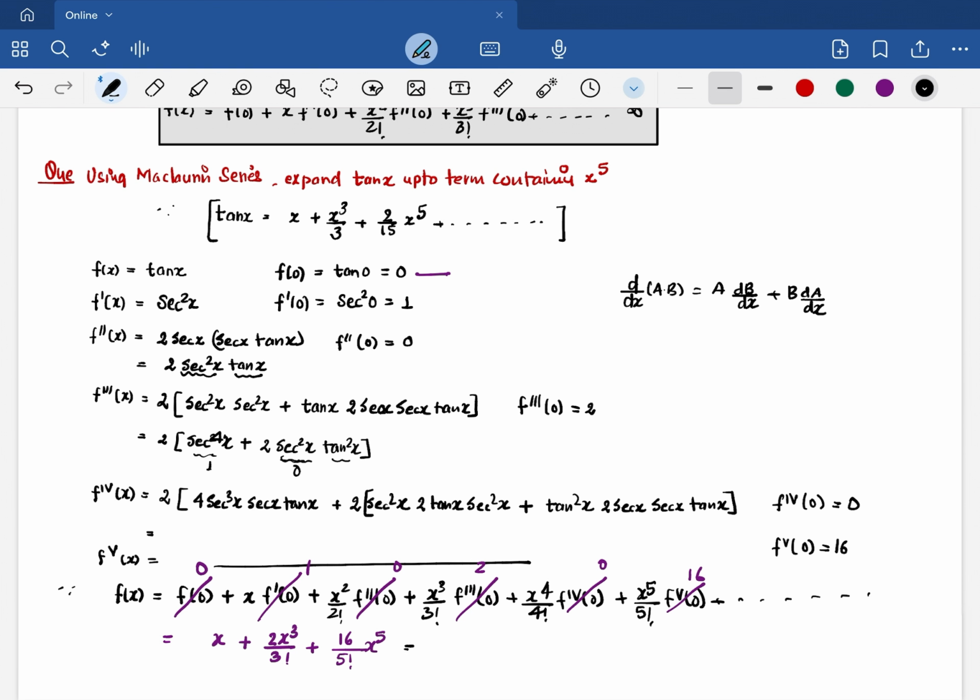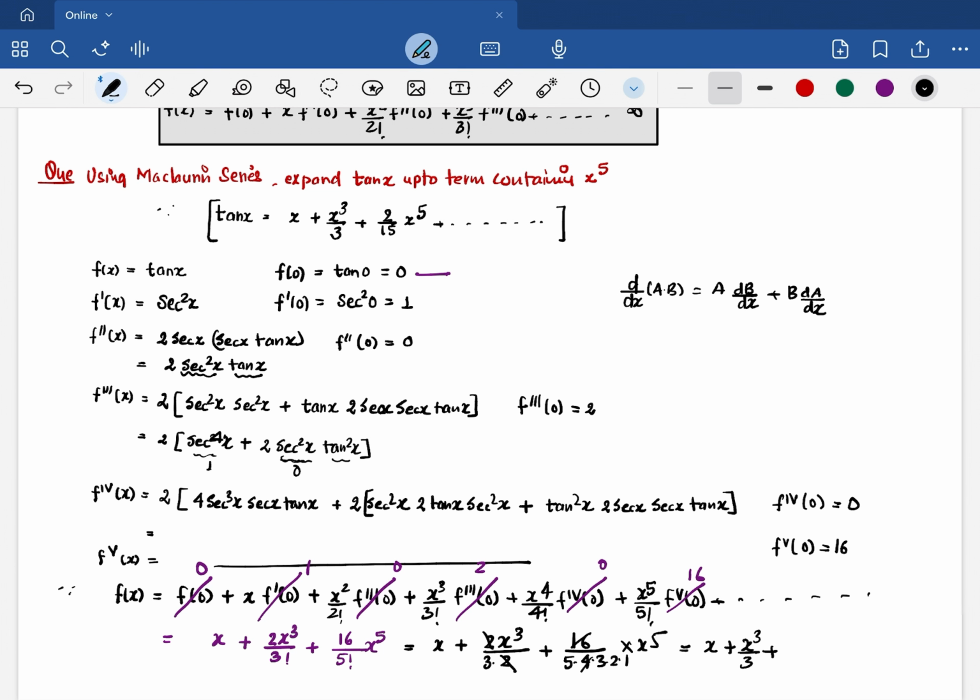Let's simplify this. Can we say x plus 2 into x cube, 3 factorial means 3 into 2, plus 16, 5 factorial means 5 into 4 into 3 into 2 into 1, x to the power 5. What's our final answer? x plus, this 2 will get cancelled, x cube by 3 plus 16 by 120, so 2 by 15 x to the power 5.